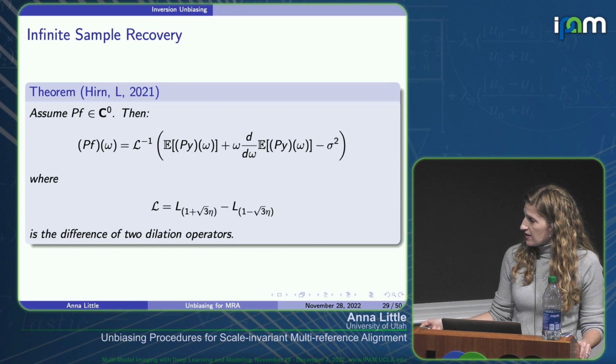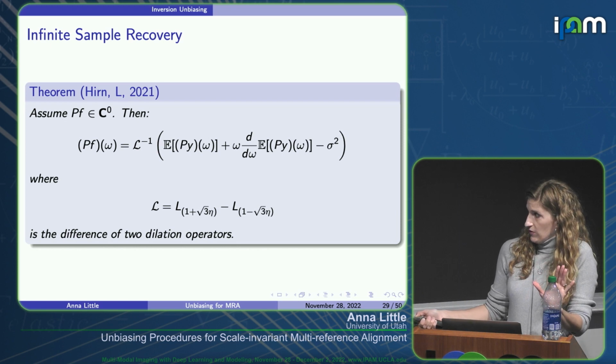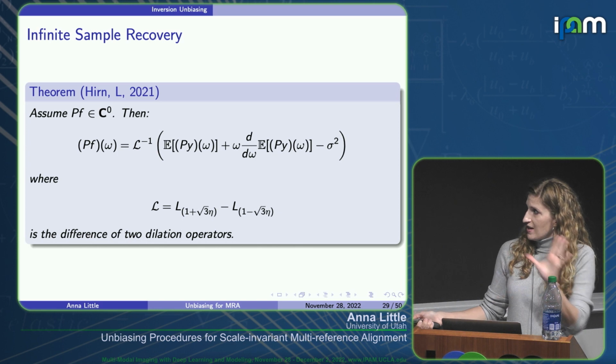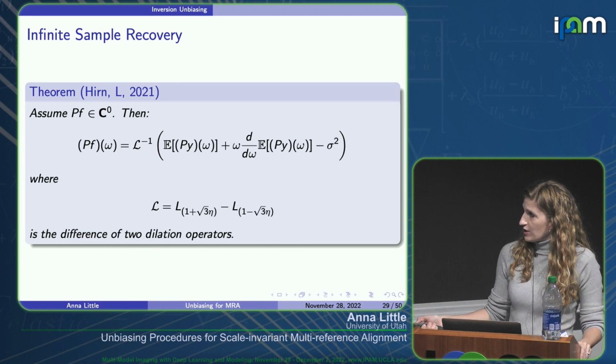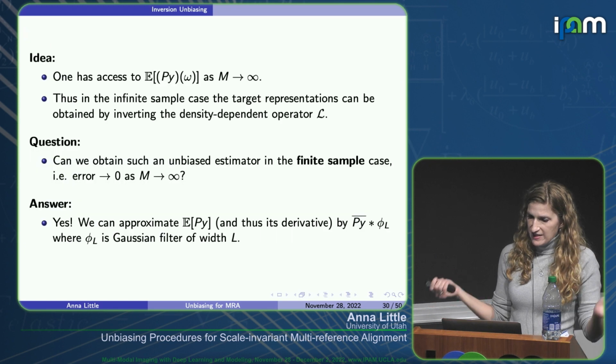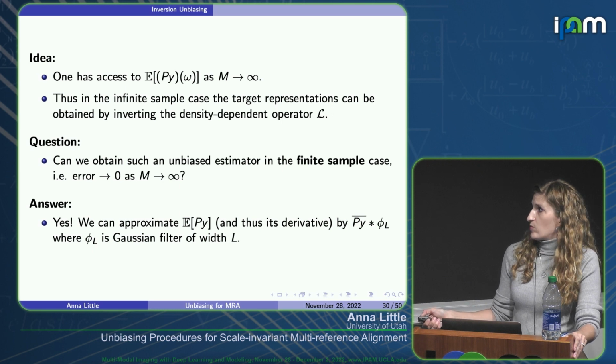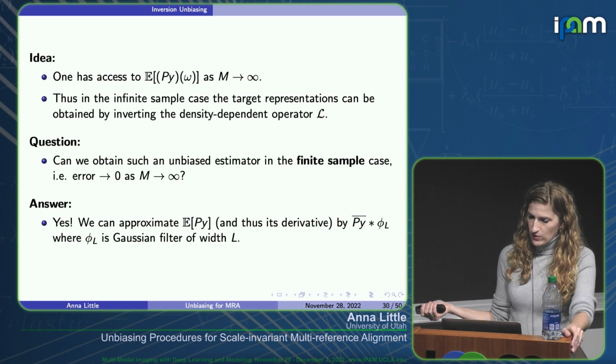Okay, so this exact form is very specific to the fact that we're dealing with the uniform distribution. It is based on knowledge of that dilation distribution. But the basic idea is that we have access to this expectation of P of y as M goes to infinity.